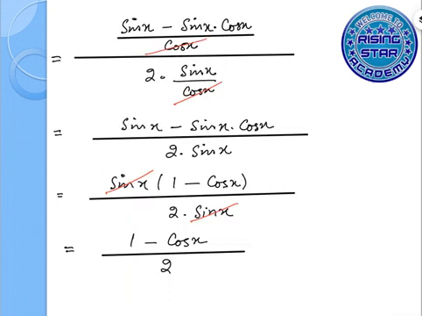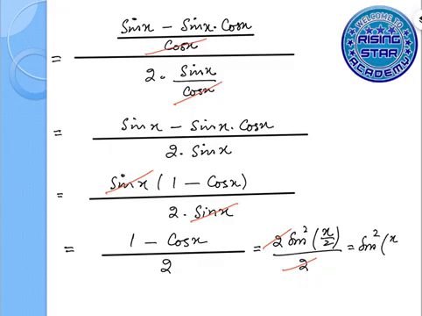I will write here 2 sine square of x by 2 over 2. So this 2 is going to cancel with this 2. We have sine square of x over 2. So this is my final answer.